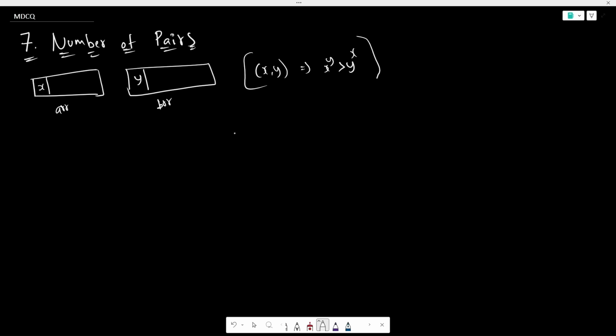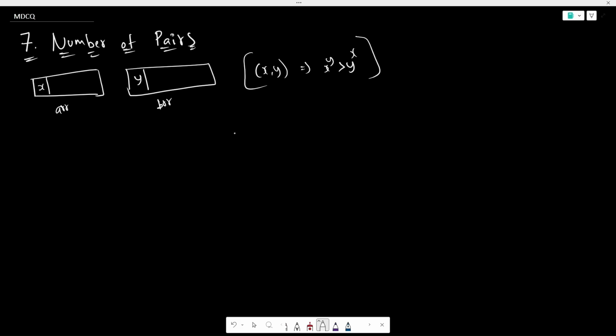So what is the brute force approach to solve the problem? By iterating within the two arrays and every time calculating x power y and y power x and checking whether it is greater or not. When iterating, the time complexity will be big O of length of ARR into length of BRR, and the computation also takes a lot.